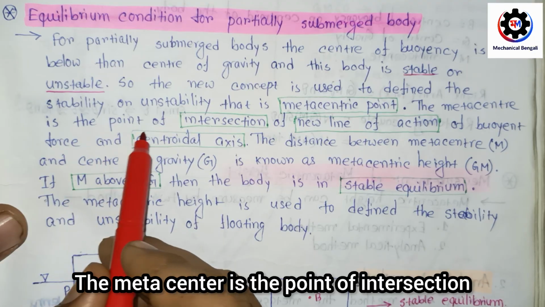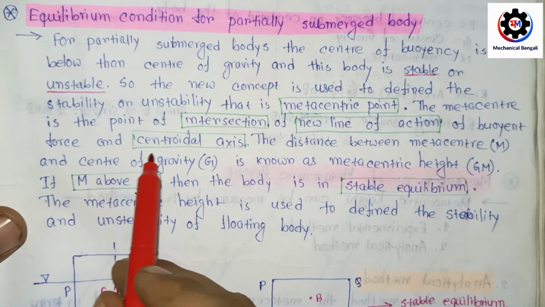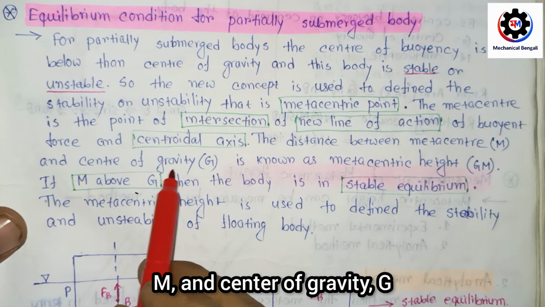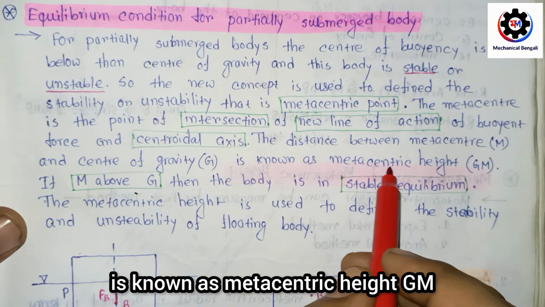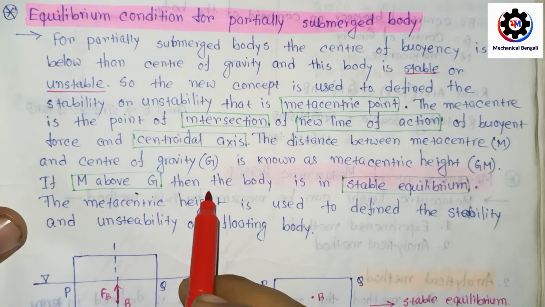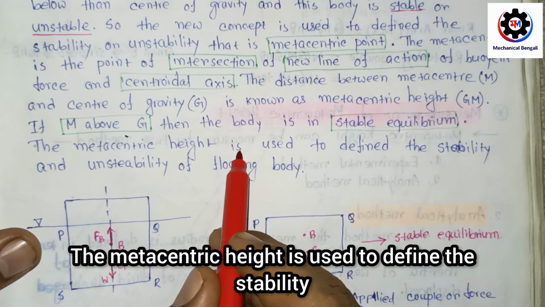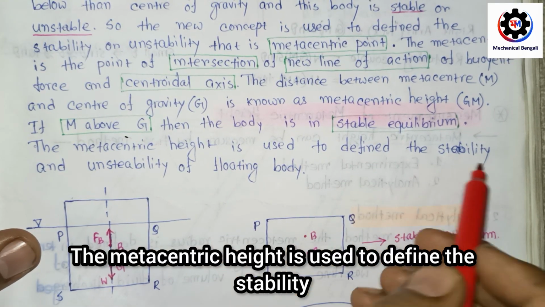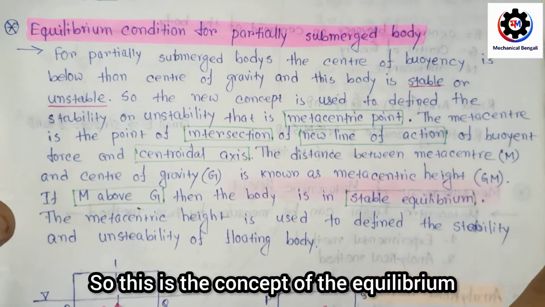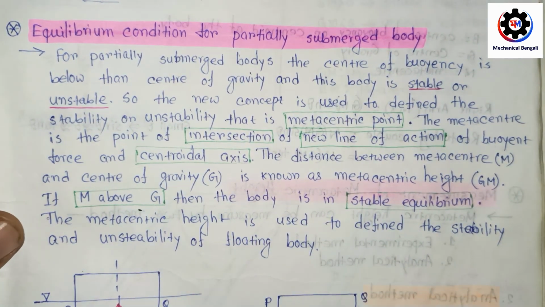The metacenter is the point of intersection of the new line of action of the buoyant force and the centroidal axis. The distance between metacenter M and center of gravity G is known as the metacentric height GM. If M is above G, then the body is in stable equilibrium. The metacentric height is used to define the stability and instability of a floating body. So this is the concept of the equilibrium condition for a partially submerged body. Very, very important.